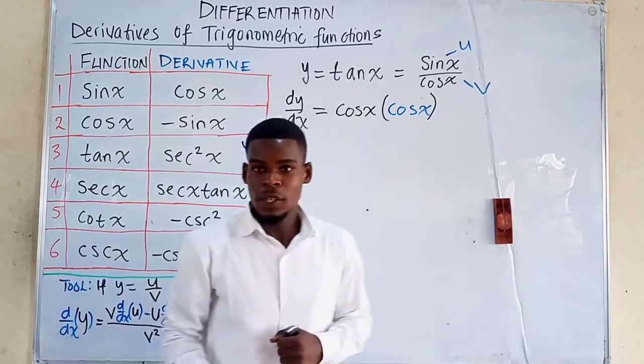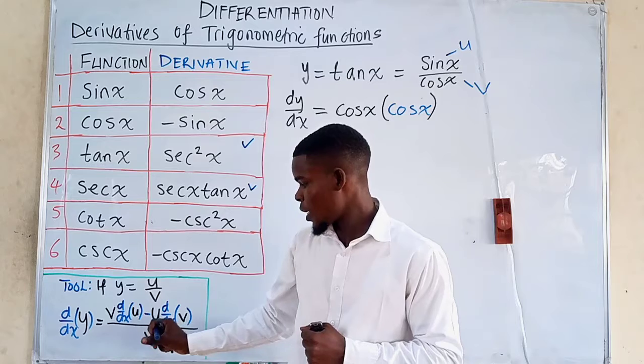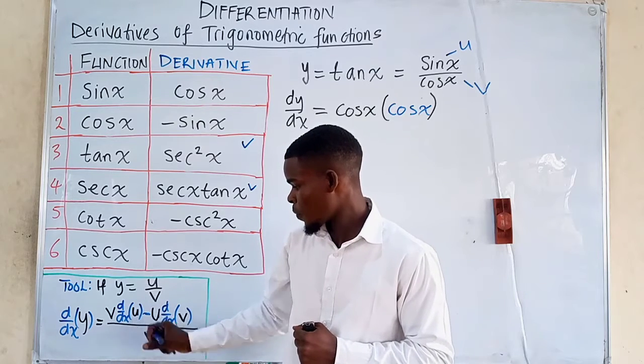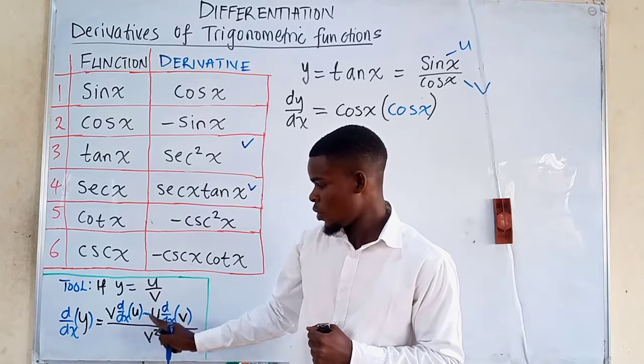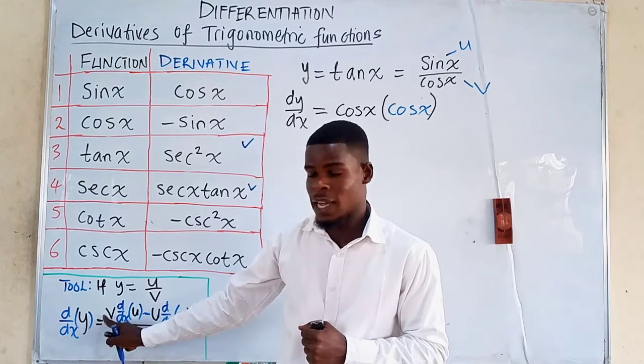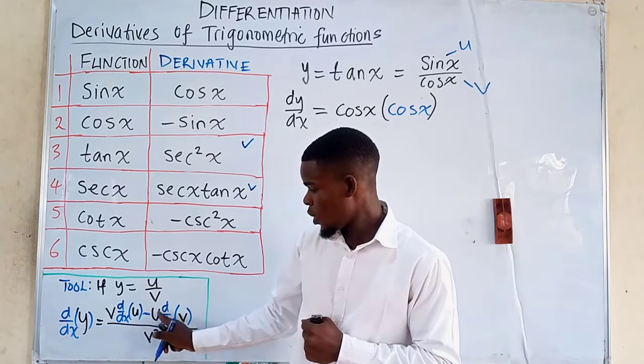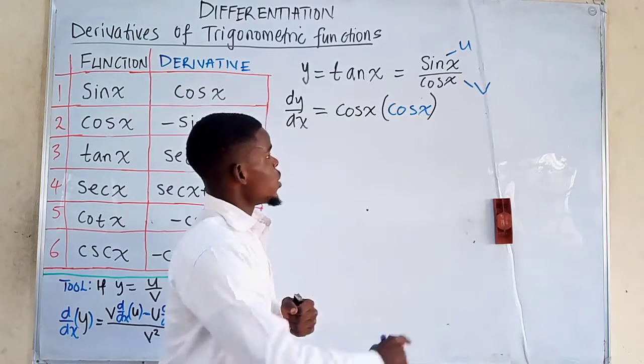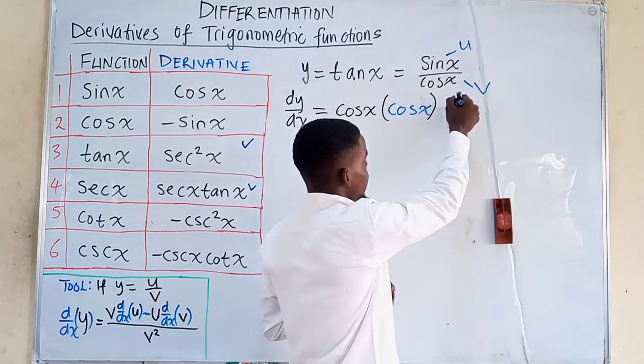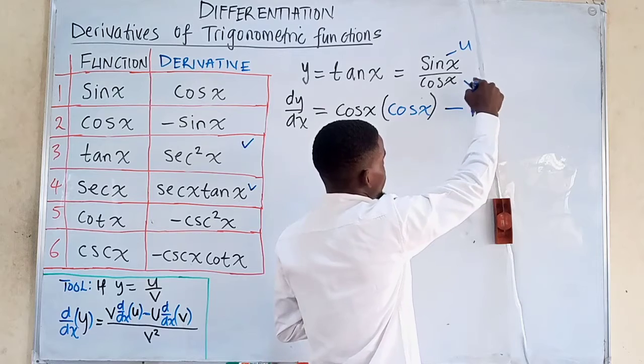Good. Next thing we have to do in here is to subtract, so you put here minus. We put down the u, all right? Here we were keeping v and differentiating u. Here we are keeping u and differentiating v. So we keep the u, where the u is just sine x, right? Remember the minus.